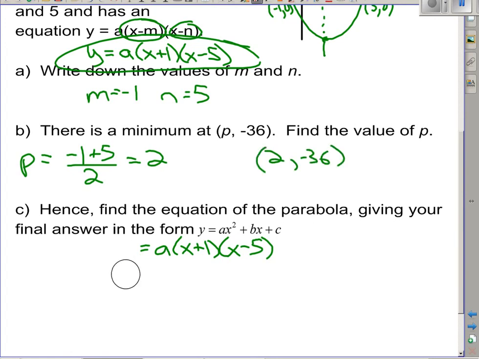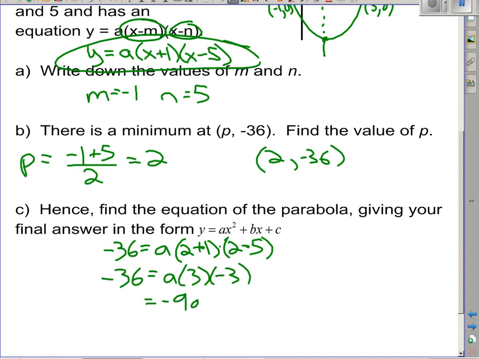Okay. So for y, I can put in negative 36. For x, I can put in 2. And that's going to give me negative 36 equals a times 3 times negative 3. Or negative 9a equals negative 36, which in turn says that a equals 4.